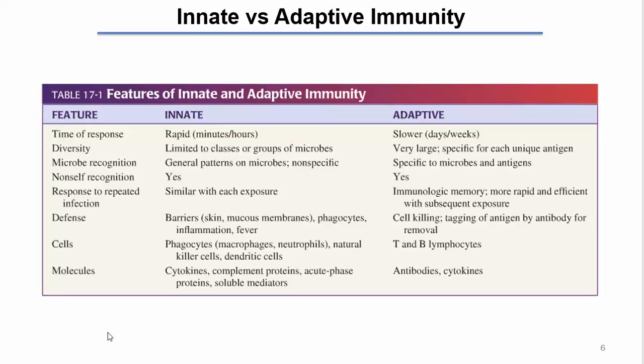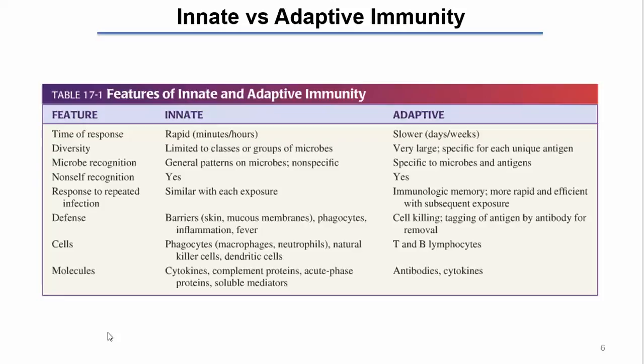Killer T lymphocytes release the contents of cells into the interstitium where the phagocytes can eat them. Natural killer cells do the same. So really, removal by phagocytes is the ultimate goal of almost all of these things.